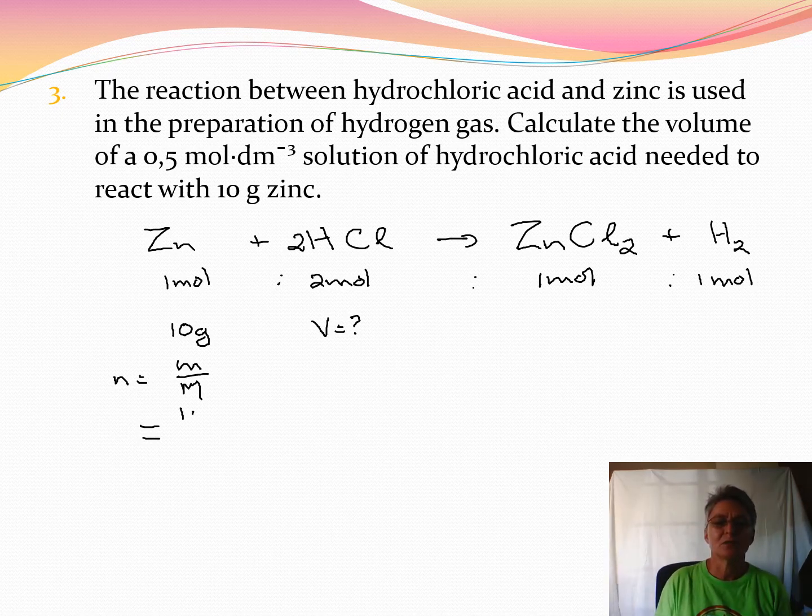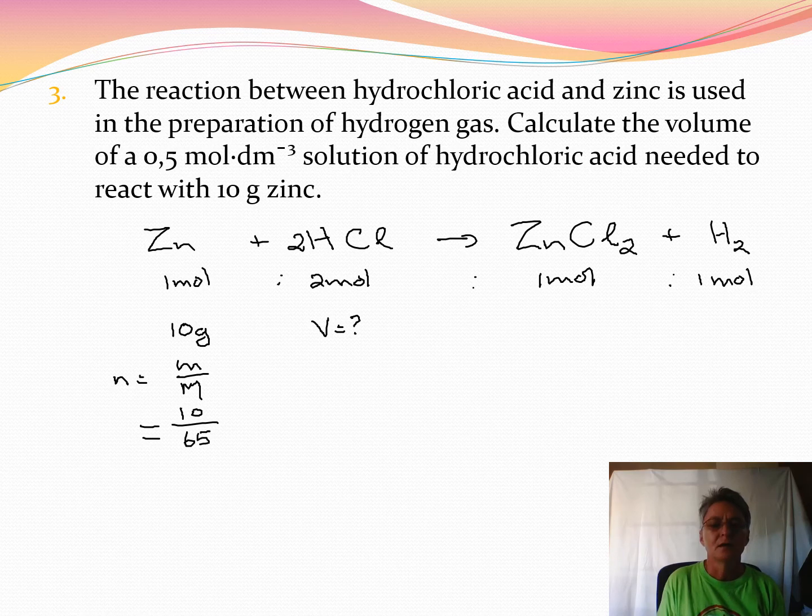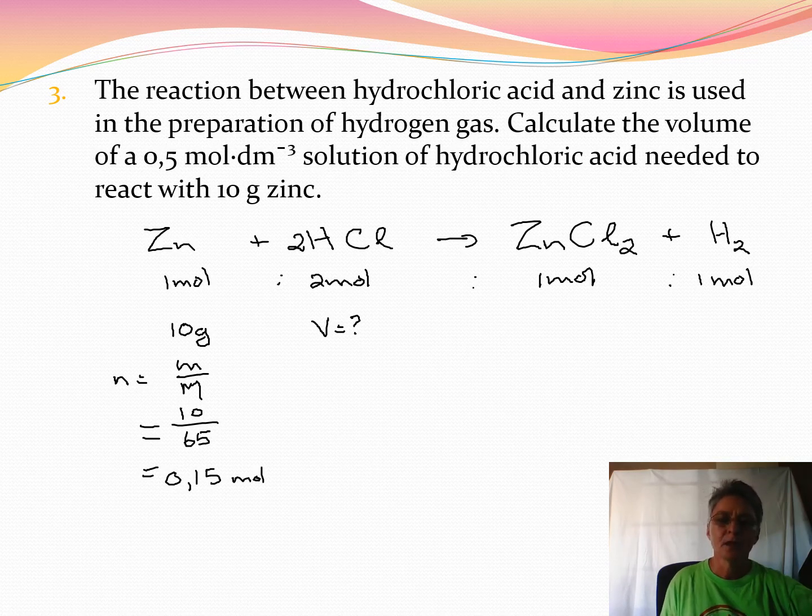So it's 10 grams, and the molar mass of zinc is 65. So 10 divided by 65 is 0.15 moles. Now this requires double the amount of hydrochloric acid.